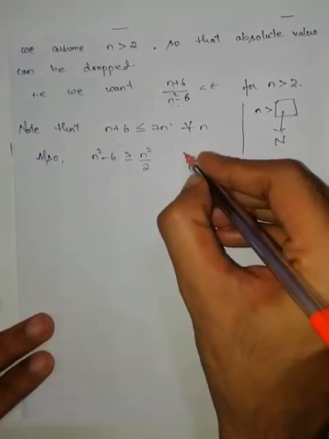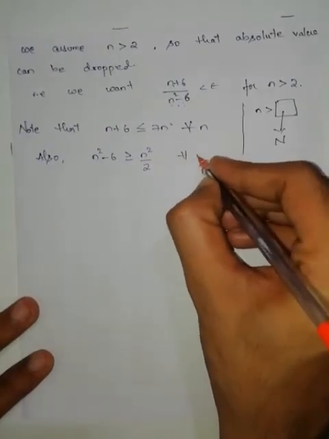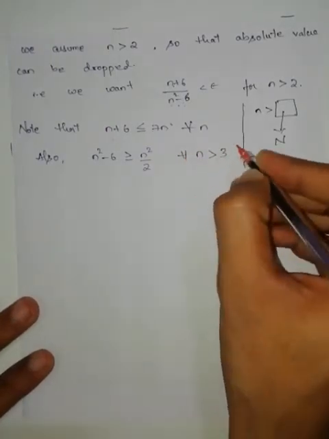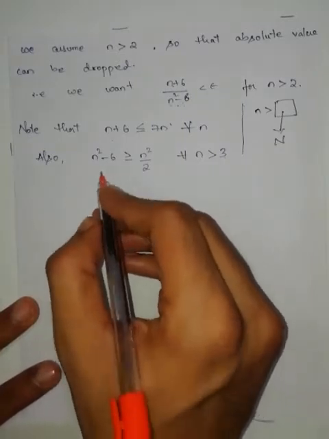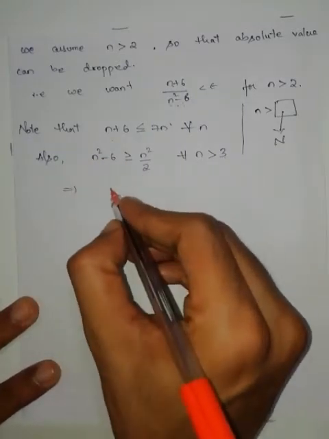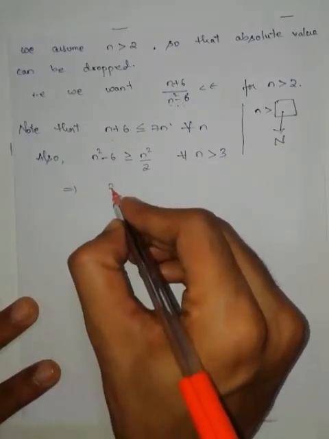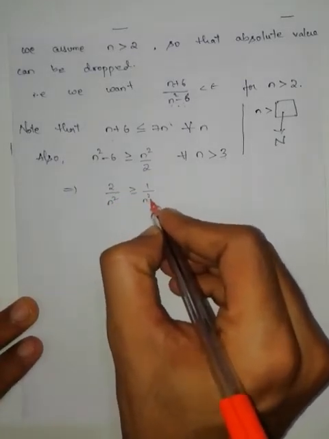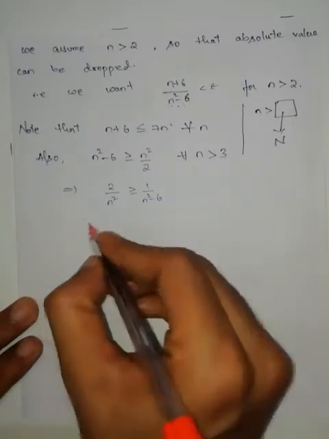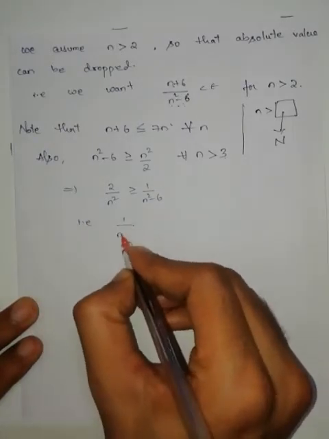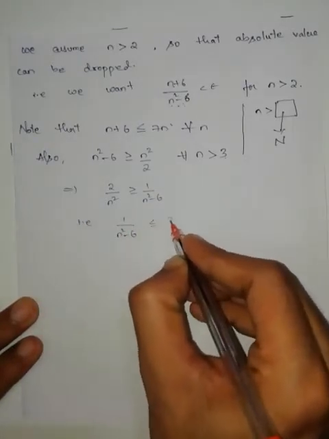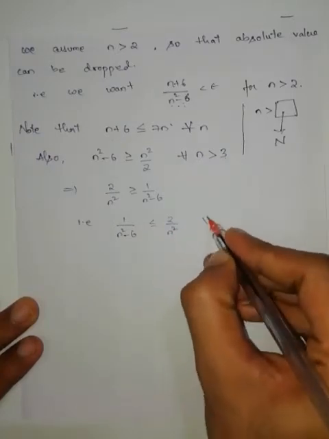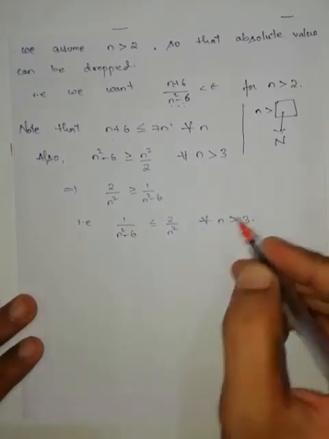So this holds for all those n's which are greater than 3. Now if I cross multiply, this becomes 2/n² greater than or equal to 1/(n² − 6). That is, 1/(n² − 6) is less than or equal to 2/n² for all those n's which are greater than 3.